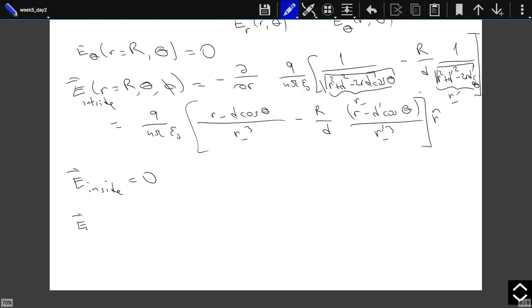So the electric field outside minus the electric field inside should be equal to sigma over epsilon 0 multiplied with n hat, which is a unit vector pointing from inside to the outside. In this case, it is the radial vector, so it is sigma over epsilon 0 r hat.